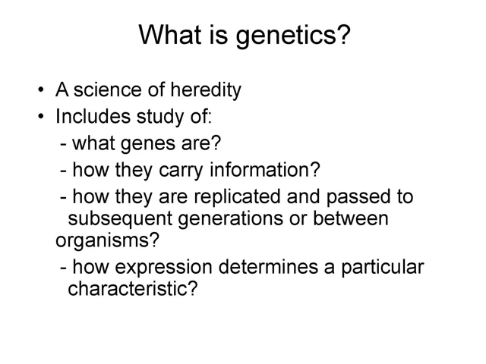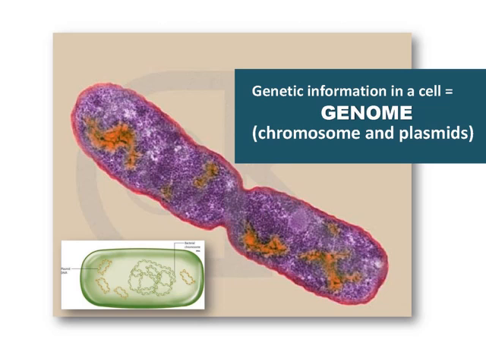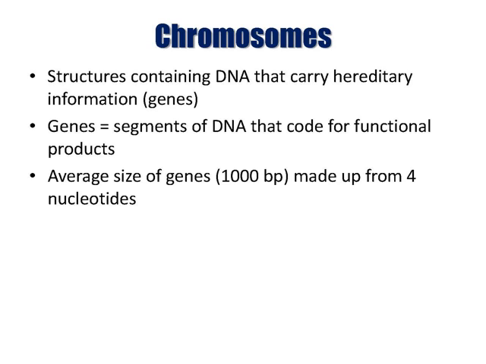So basically, in this genetics field, you are studying the genome or the DNA. The whole of the genetic information in a cell is stored in a structure called the genome, and the genome contains either chromosomes and plasmids or chromosomes only. The chromosomes are the structures that contain DNA that carries the information.